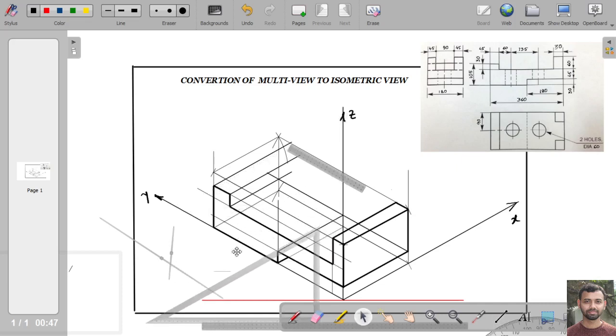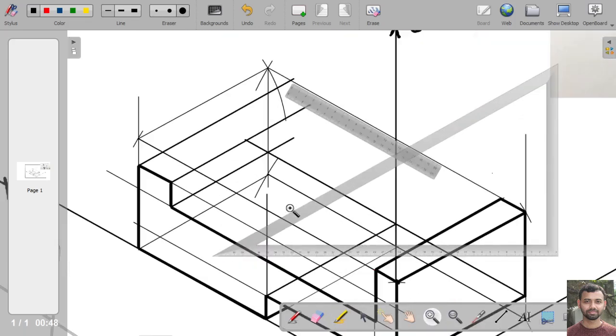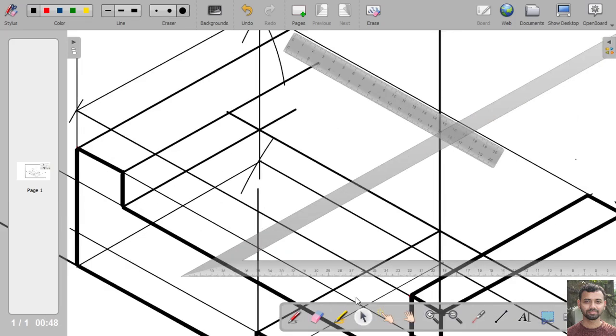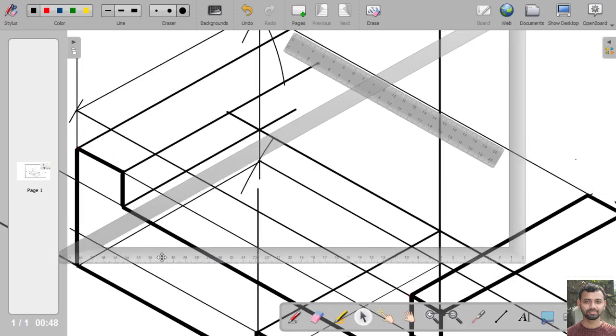Next, anything is left? Okay. Again, we will rotate this one.